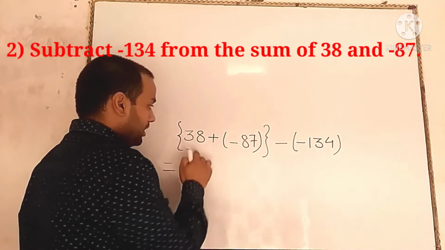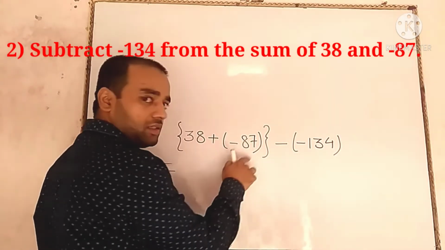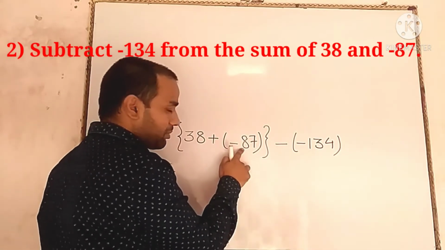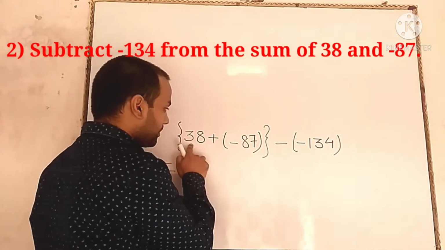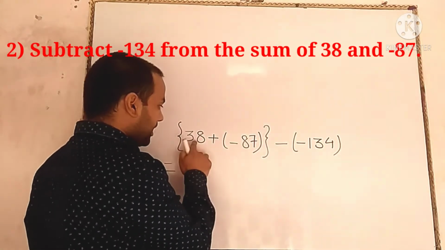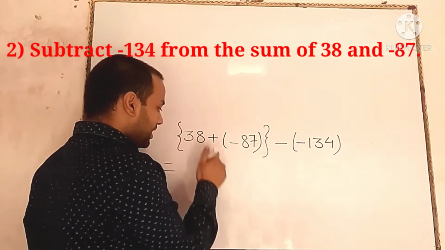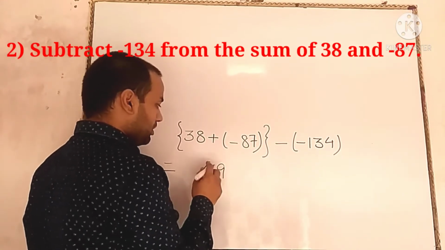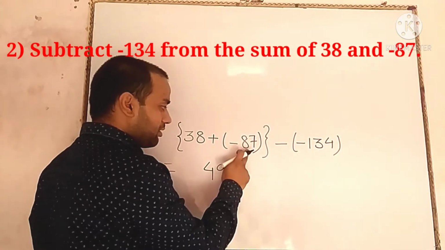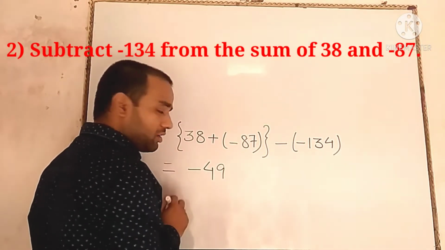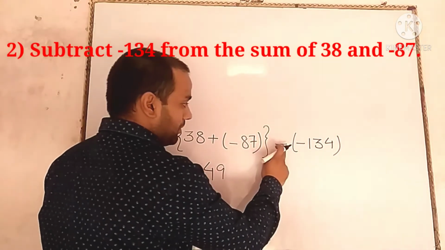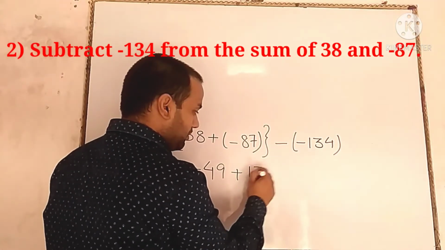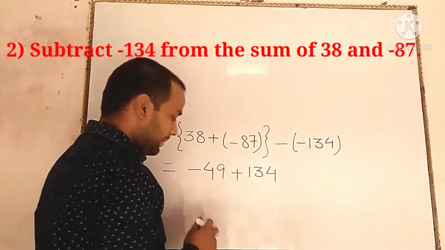Okay. Here first solve the curly bracket. Here plus sign and the other number minus sign, so we subtract: 87 minus 38, 17 minus 8 is 9, 7 minus 3 is 4. Here the greater number is 87 with negative sign, so we put the sign of negative. Here minus minus plus 134, right as usual.